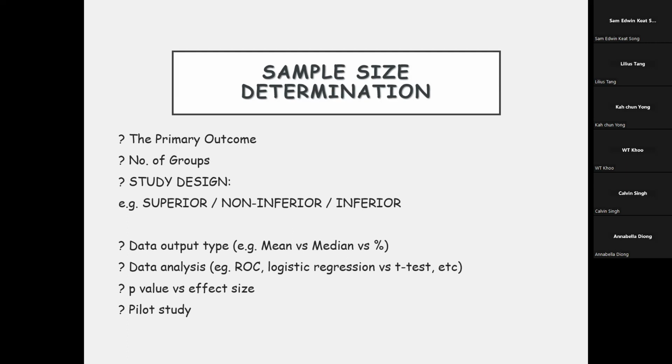Not just in the sense of the p-value, but clinical relevance, right? Why is that going to help? How do you know that's going to help the patient eventually?